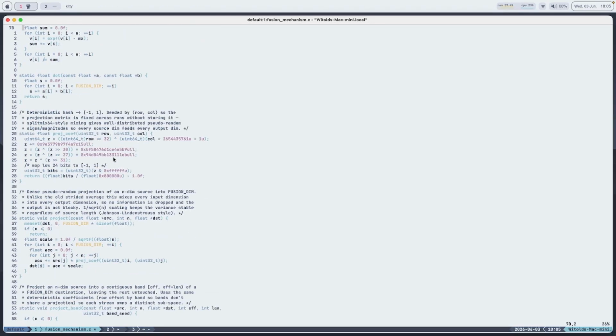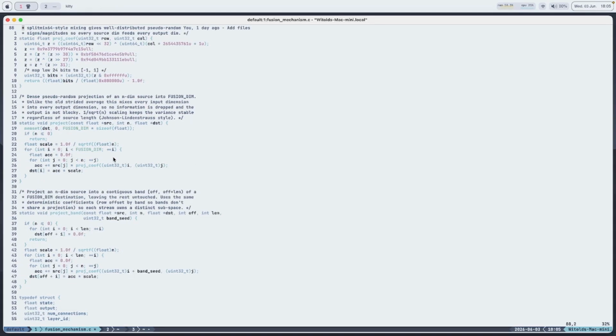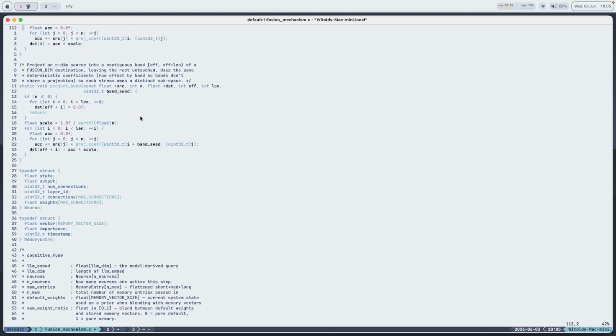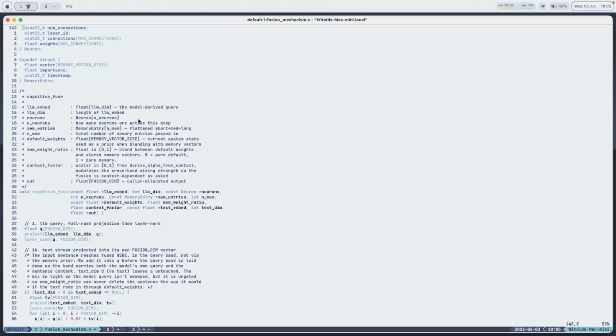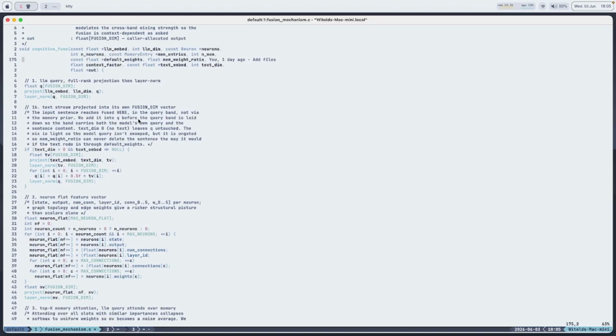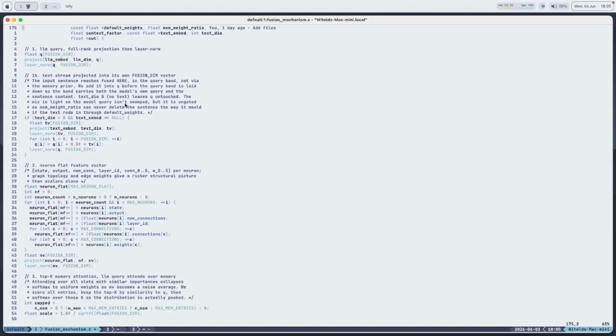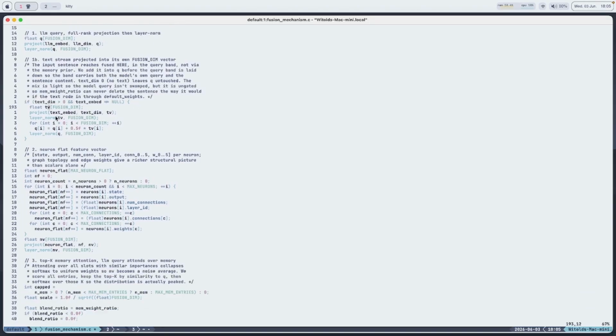So if we ignore this stuff and the projects, it just allows us to project the fusions into a deeper state. We have the main cognitive fuse. We can see that the text stream also is projected, but this really was an attempt to make the text bridge work with the whole Larkos.